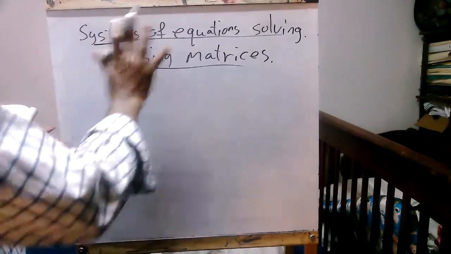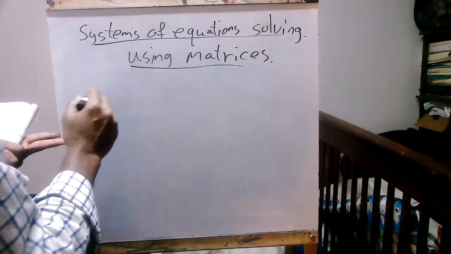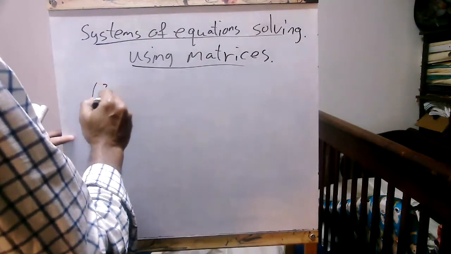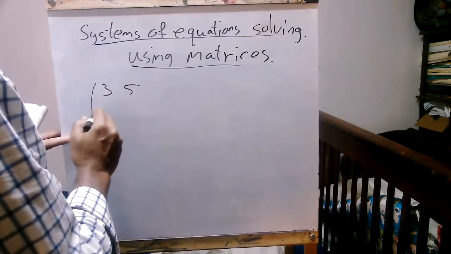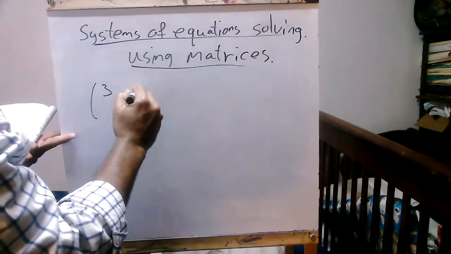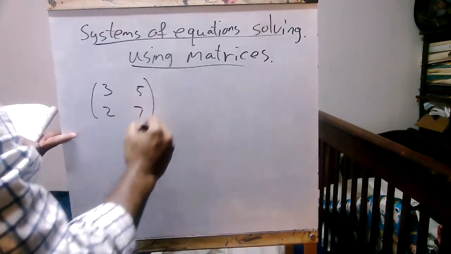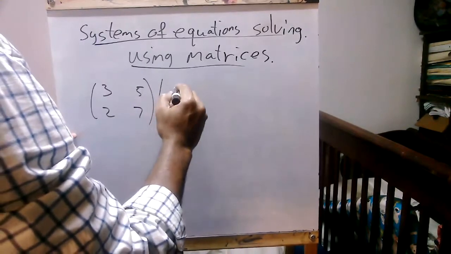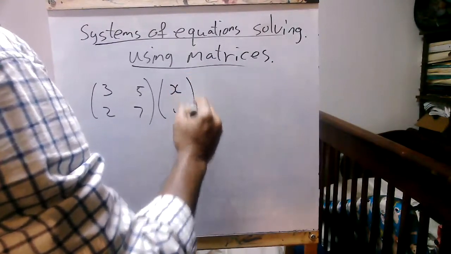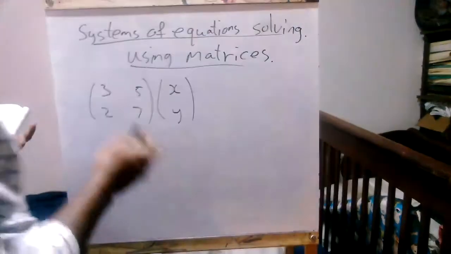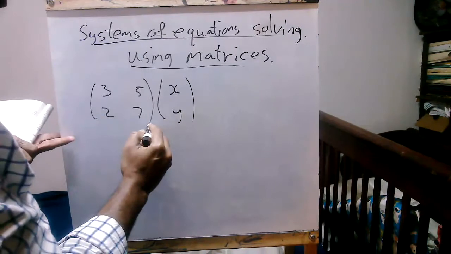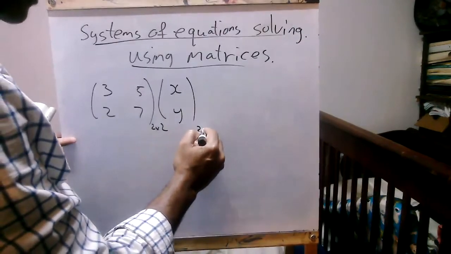Now let's leave this topic for a moment and look at this example. 3, 5, 2, 7, times X, Y. So when we multiply this, this is 2 by 2, and this is 2 by 1.